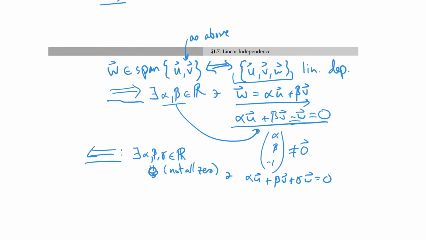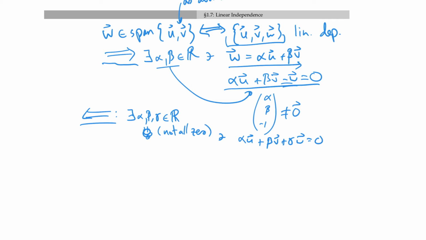All right, for the sake of argument, let's look at this. What if gamma was 0? Well, if gamma was 0, what would that imply? That would imply alpha U plus beta V equals 0.